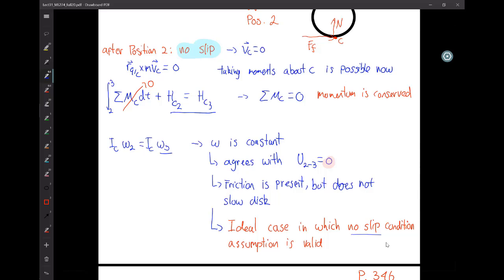Any questions about this? All right, so a similar analysis is what you need to do in problem one for your homework for Wednesday.